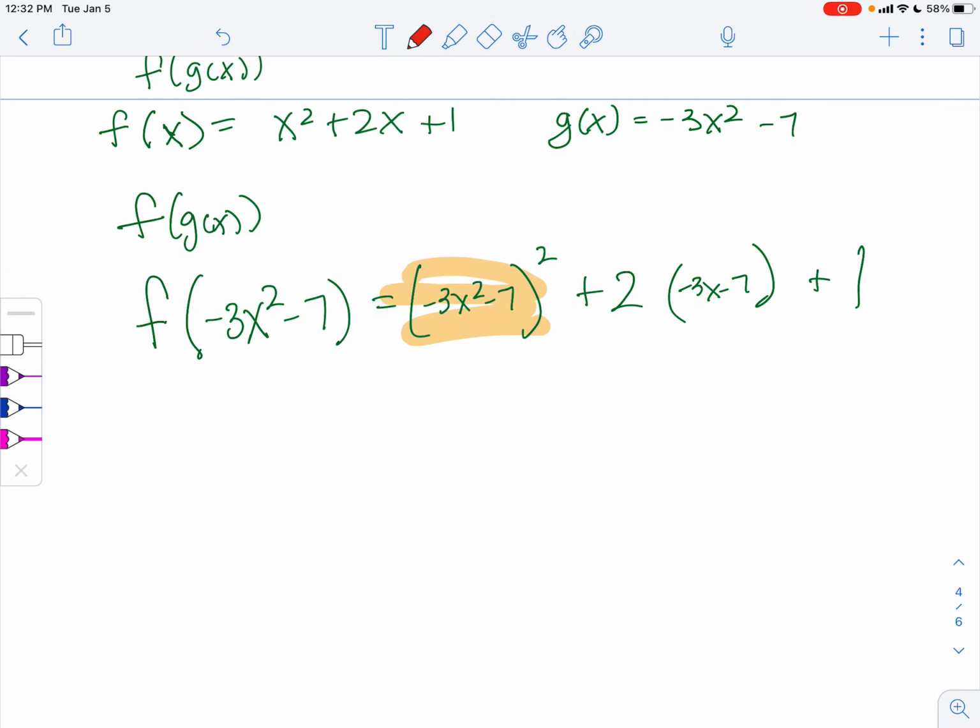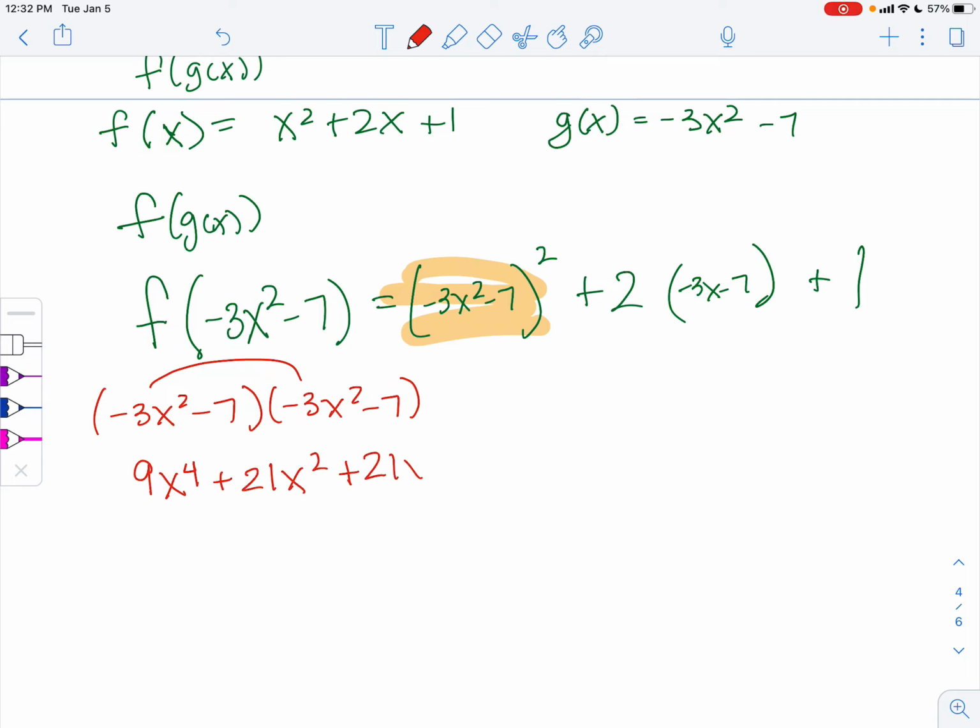I will do that in red again. Negative 3 times negative 3 times x squared is positive 9x to the 4th, plus 21x squared, plus 21x squared, and negative 7 times negative 7 is plus 49.